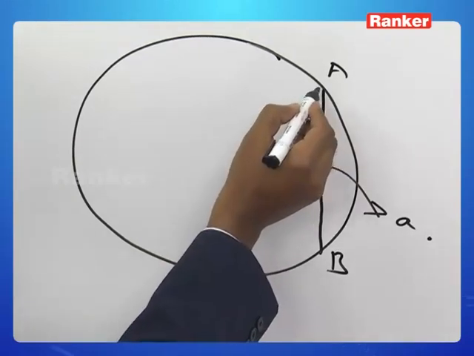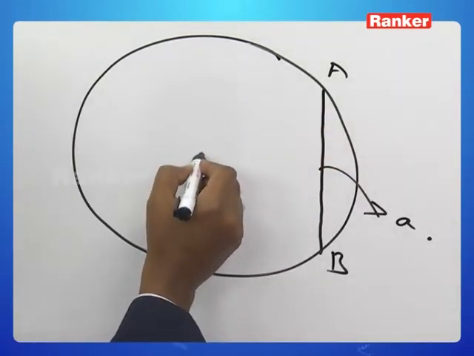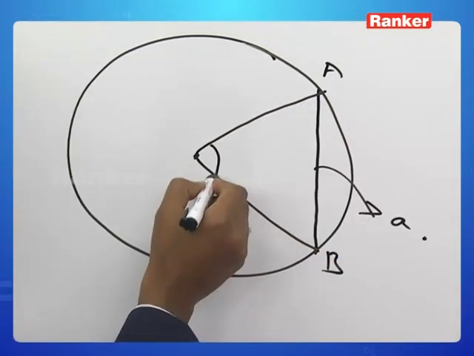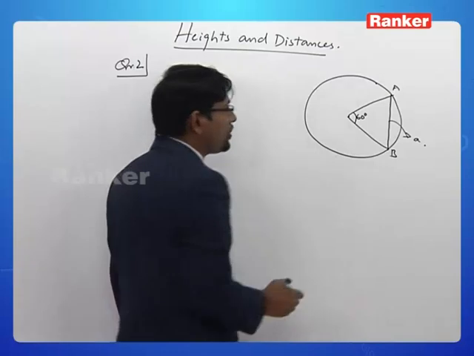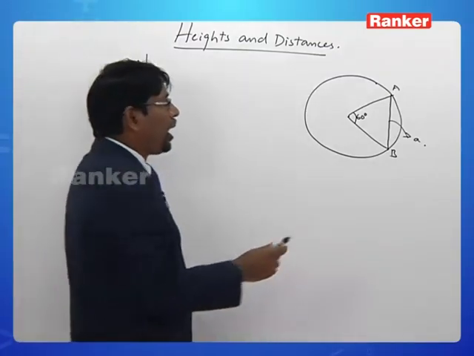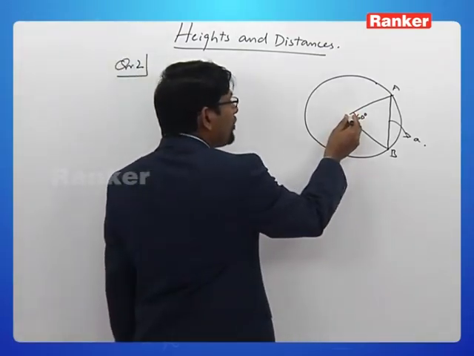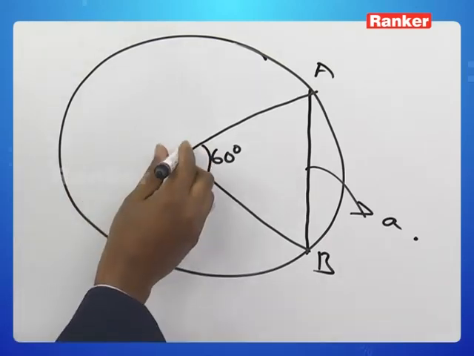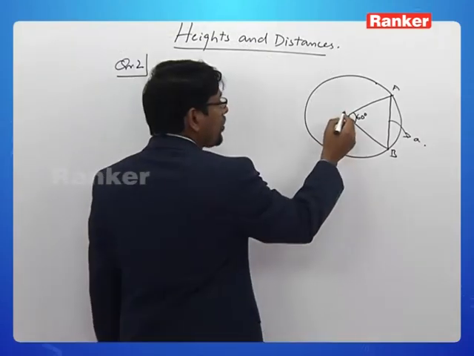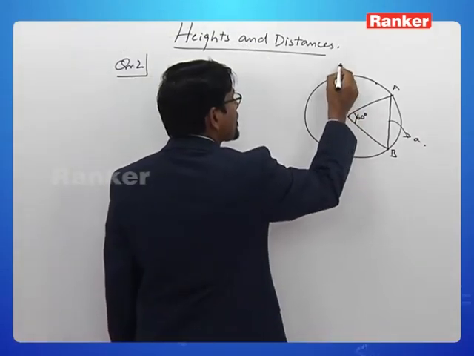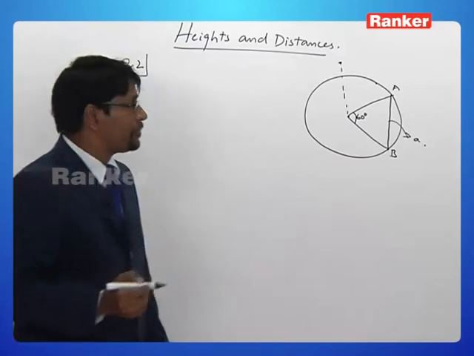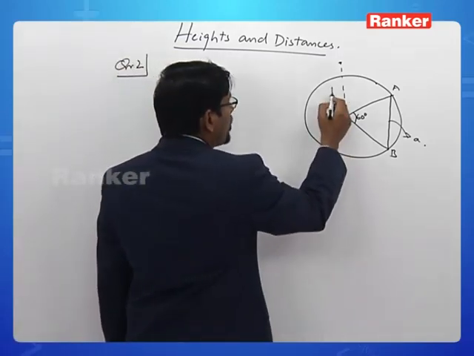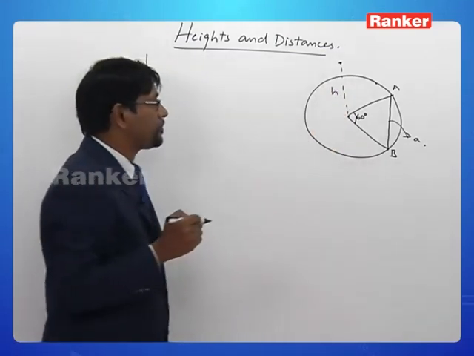Now he says that this AB chord is subtending an angle 60 degrees at the center, and here we have a tower situated at the center. So there is a tower here. We want to find the height of this tower.